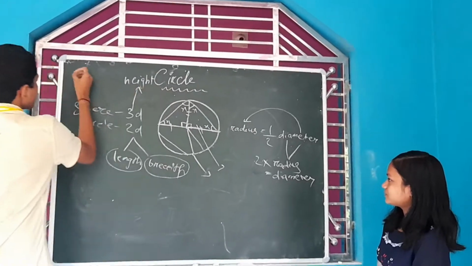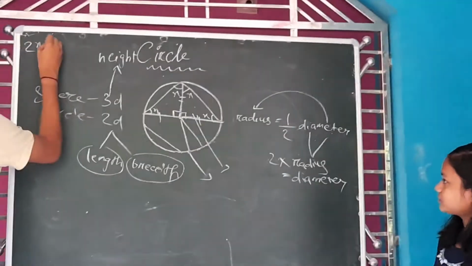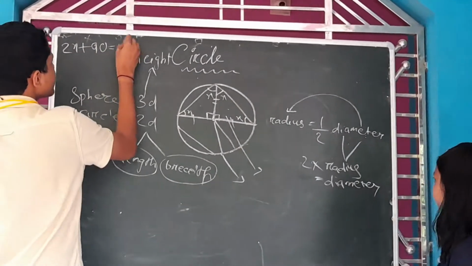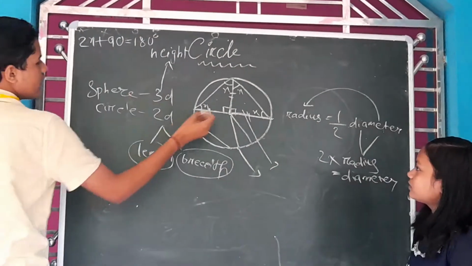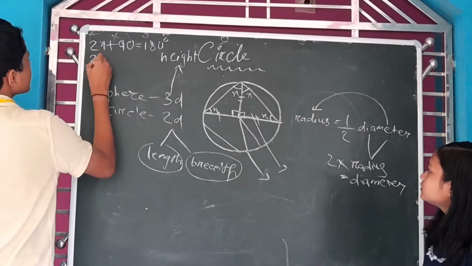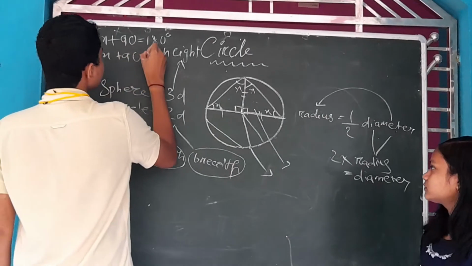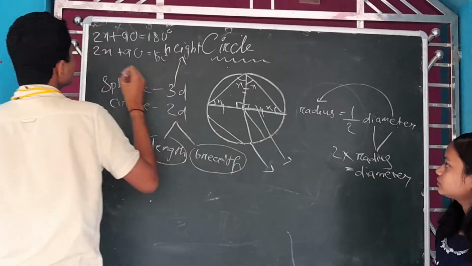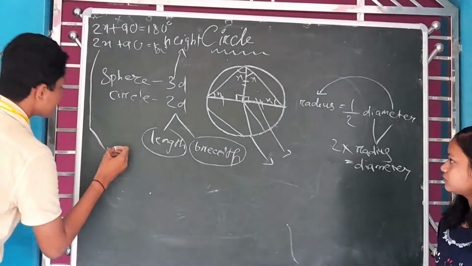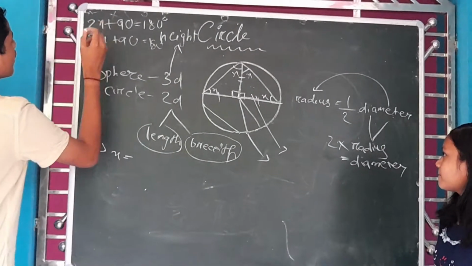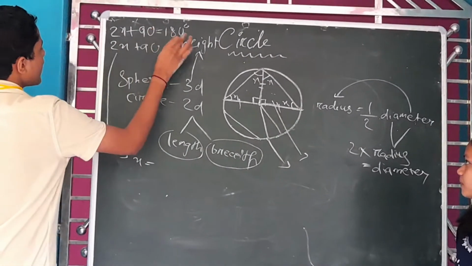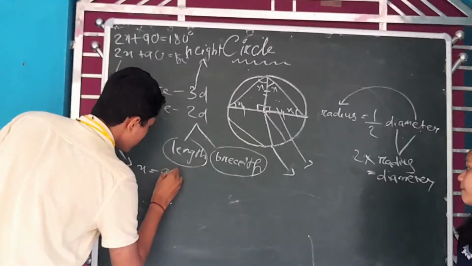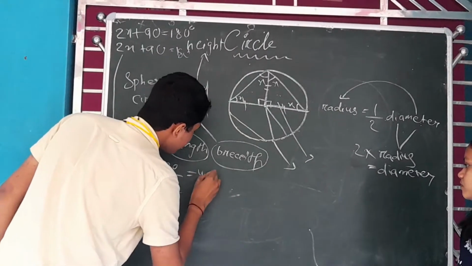So let me clarify it. 2x plus 90 is equal to 180 degrees, and in another triangle we also get 2x plus 90 equal to 180. Here we get that x is equal to 90 divided by 2, which is equal to 45 degrees.